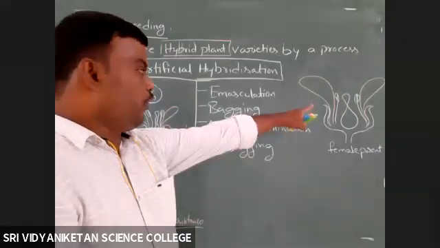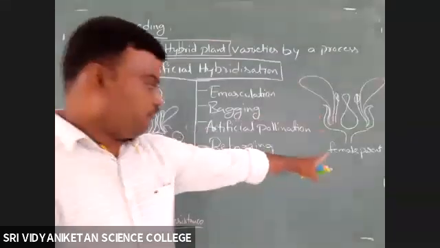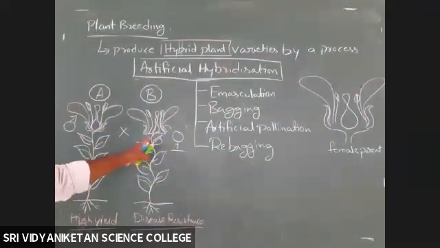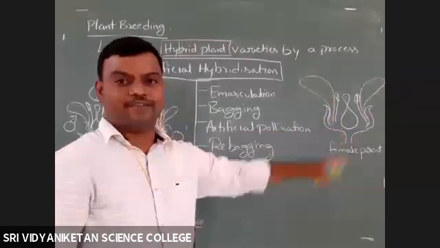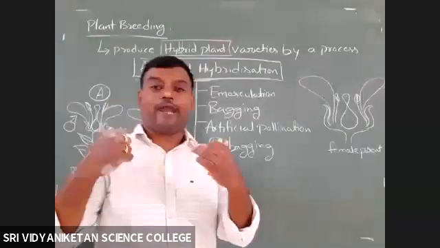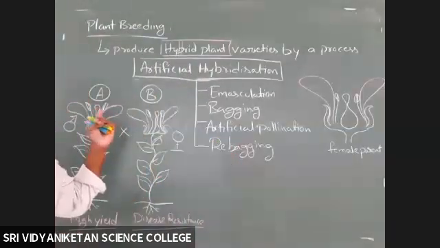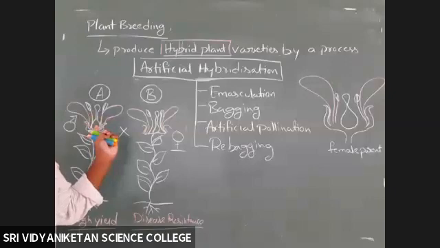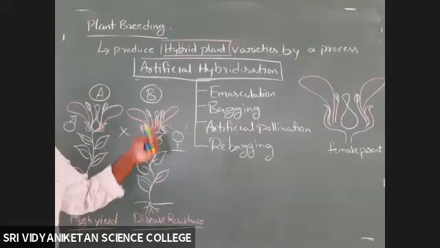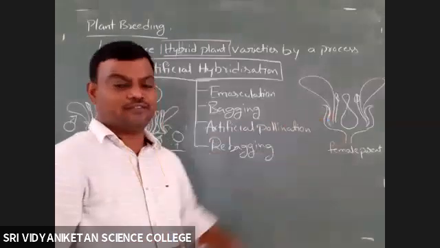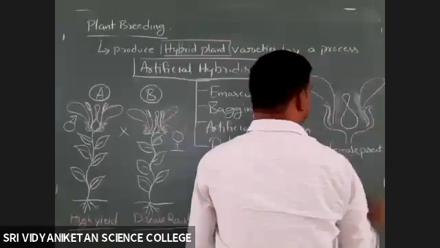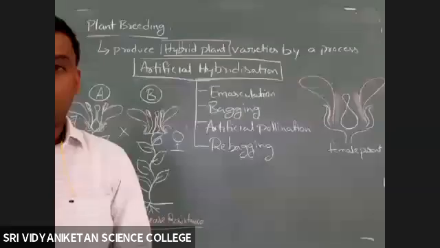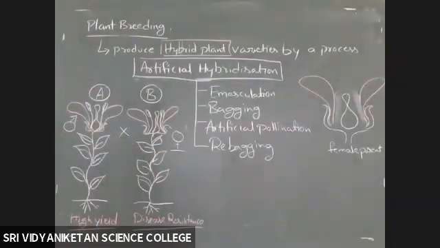We don't need stamens in the female parent flower. Why? We are going to transfer the pollen grains from plant A to plant B, from male parent to female parent. So there is no need of stamens, and they are removed at bud condition, a process called emasculation.